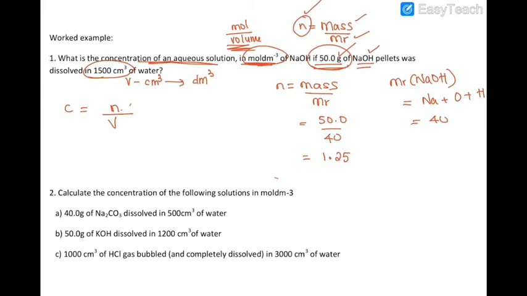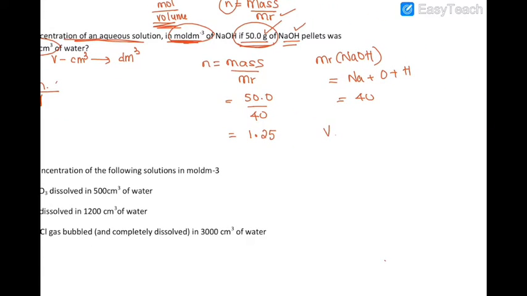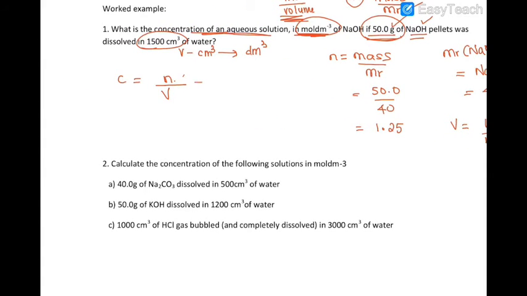The volume is in centimeters, so I'm going to convert it to dm cube. So divide by 1000. That gives me 1.5. So this is 1.25 divided by 1.5, and I get 0.8 mole per dm cube. This is going to be my answer.